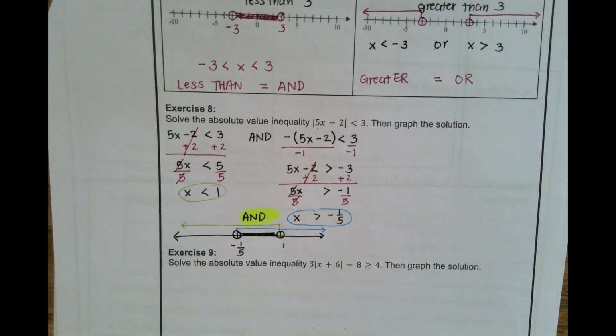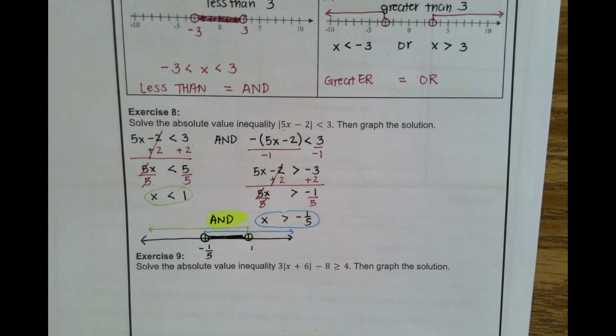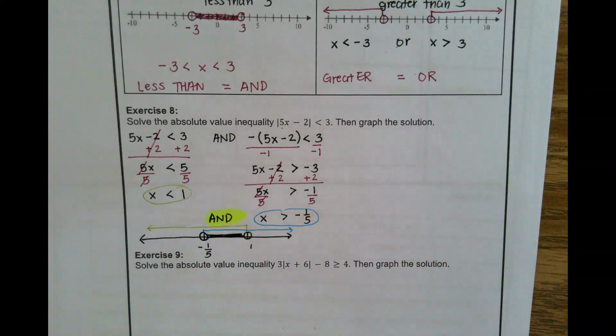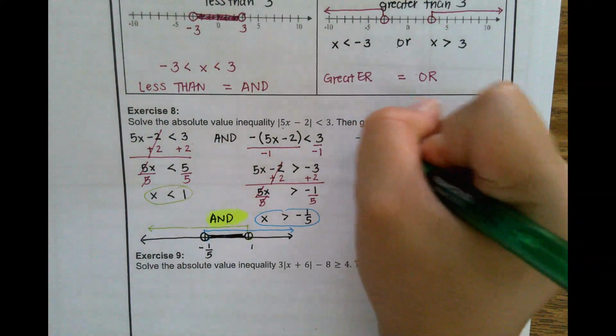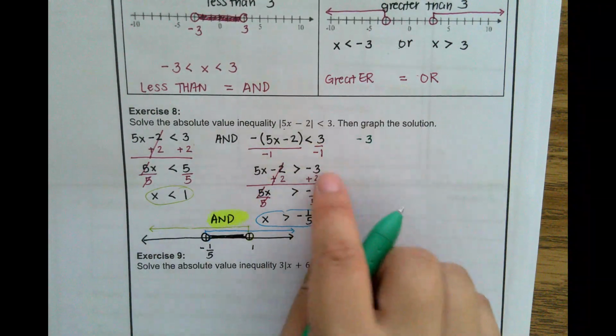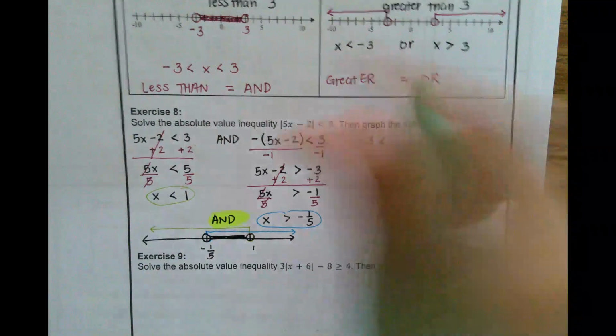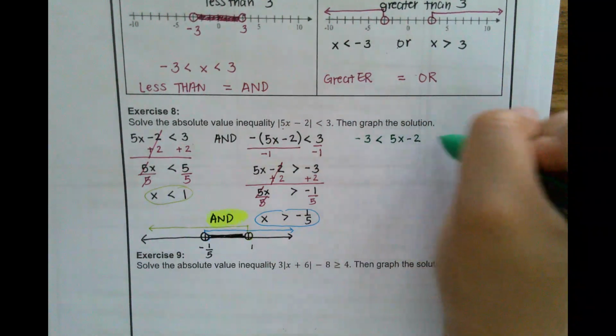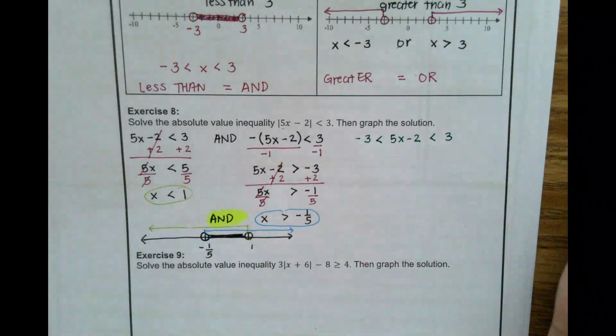Another way of solving it, what you can do is once you have the absolute value by itself, you can set it into your thing. Okay, so here let me do it in green. Because when you divide by that negative 1, you would get that negative 3. You can put what you had in the absolute value in the middle, and then on the other side is that positive.